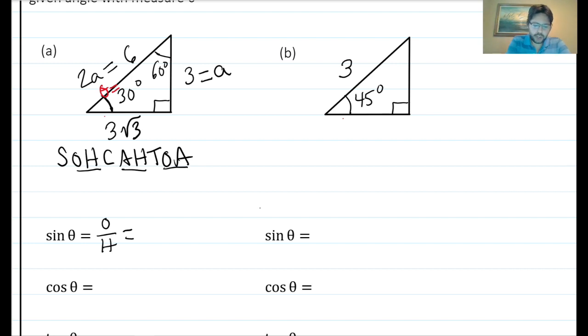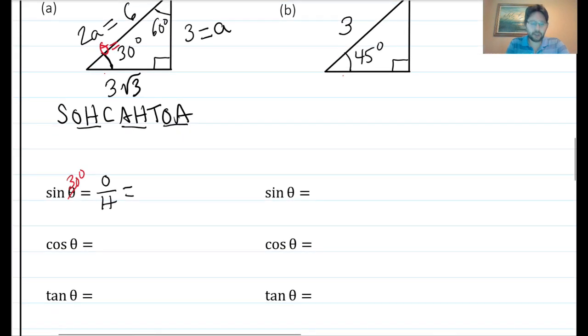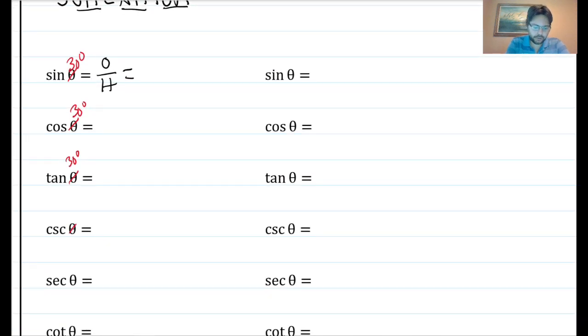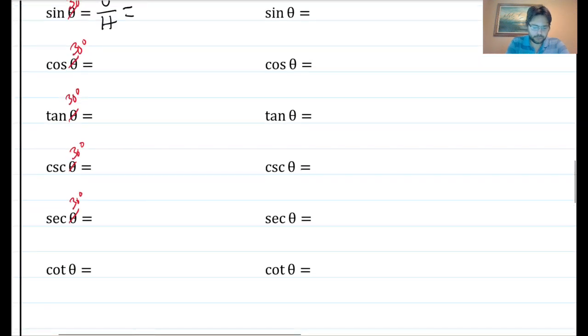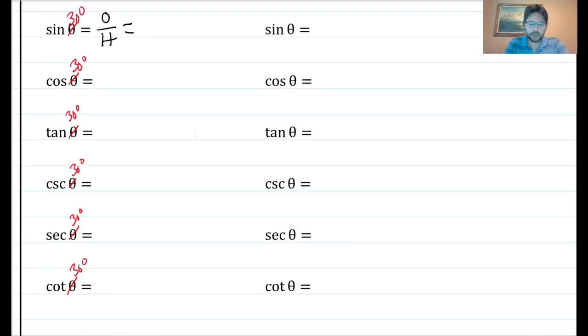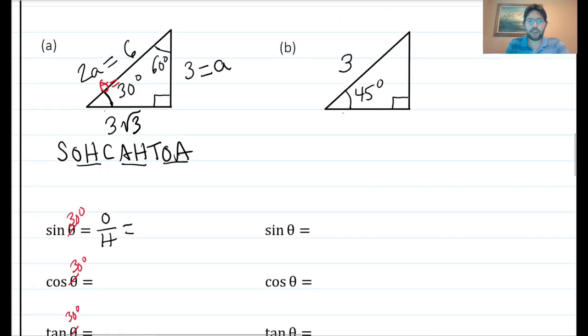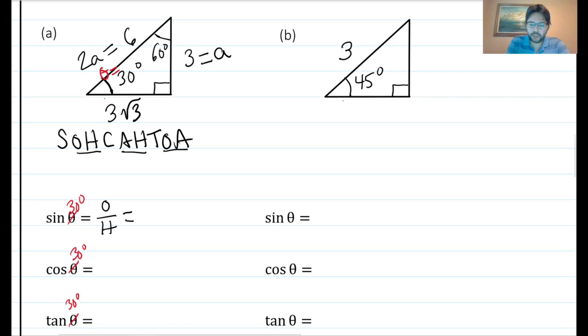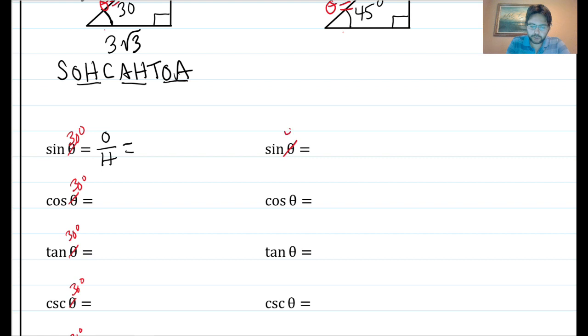So really this should say sine of 30 degrees. So just go ahead and make that correction. This is cosine of 30 degrees, and so on. I'm going to go ahead and correct those now. Then for the example in part B, we're interested in theta being equal to the 45-degree angle. So I'm going to change those to 45 degrees real quick. Sorry about that typo there.